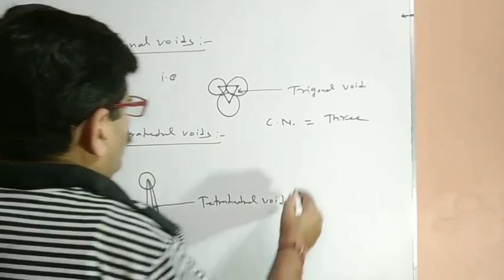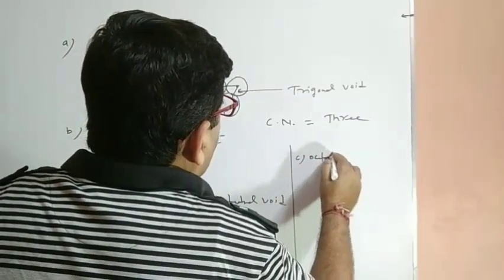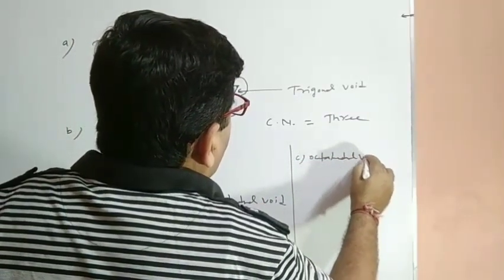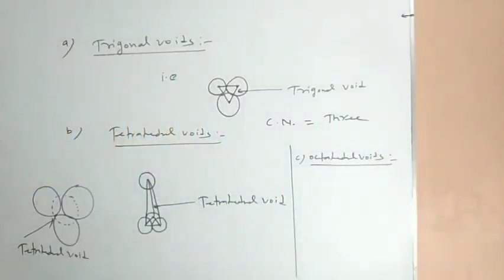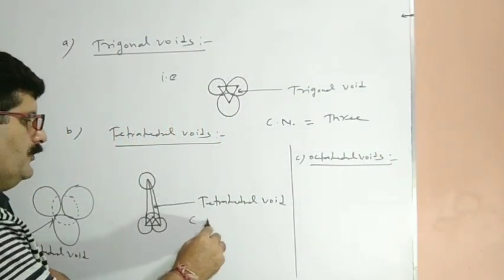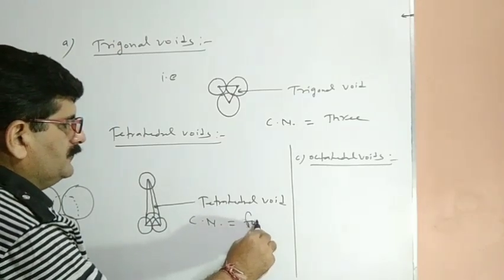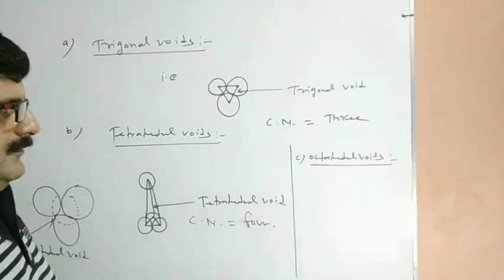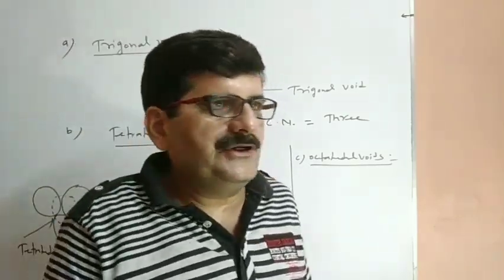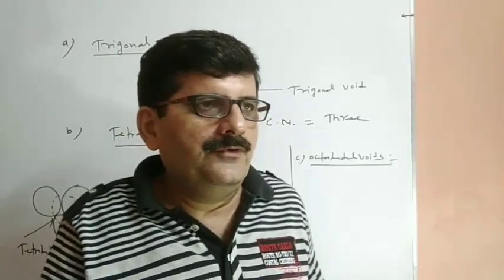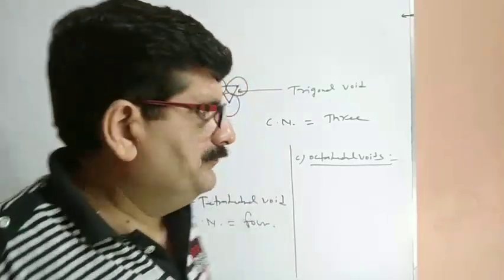Our last void is the octahedral void. In this type of void, the coordination number is equal to what? 6. Octahedral void means this type of void can form by the combination of 6 spheres.